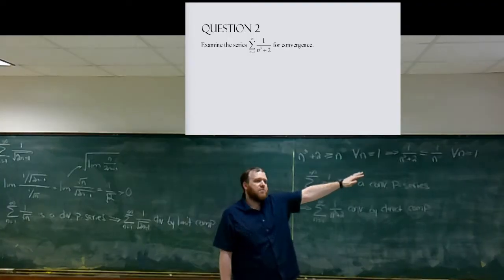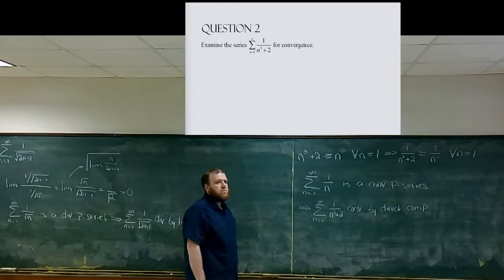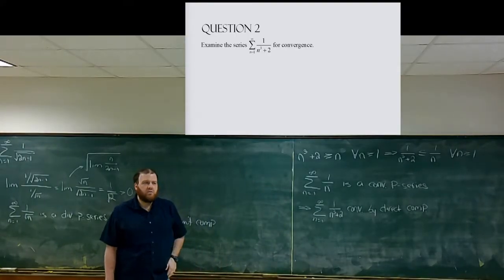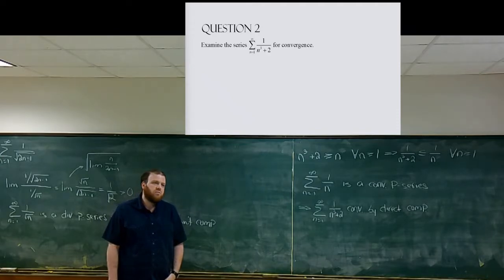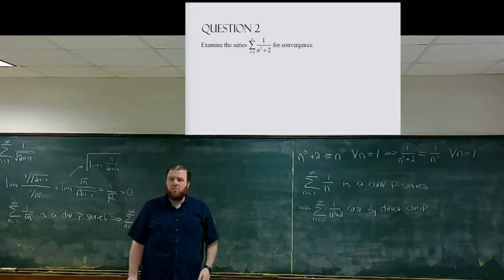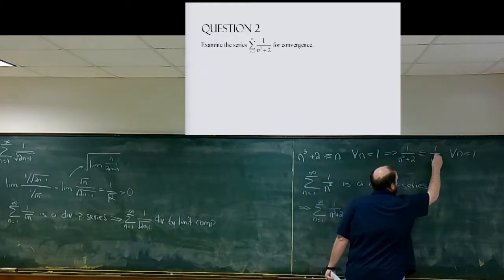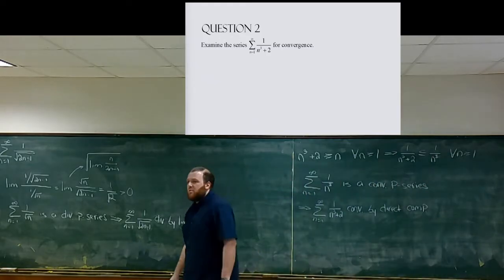All I found was a larger divergent series that says nothing of the smaller series. And so that's why I said you have to be careful with direct comparison. So if I would have used 1 over n, I would not have gotten an answer. But 1 over n cubed gave me an answer.